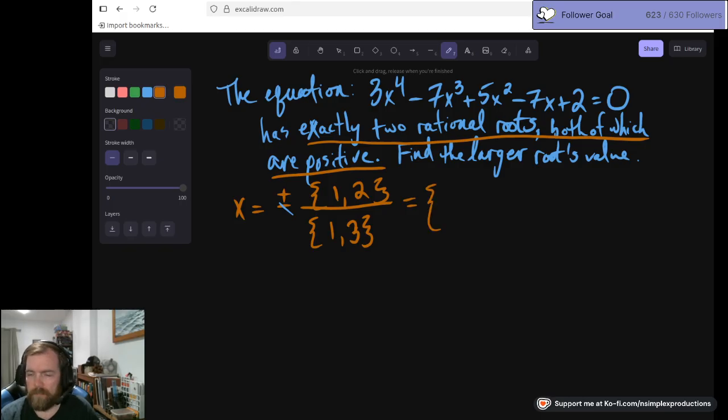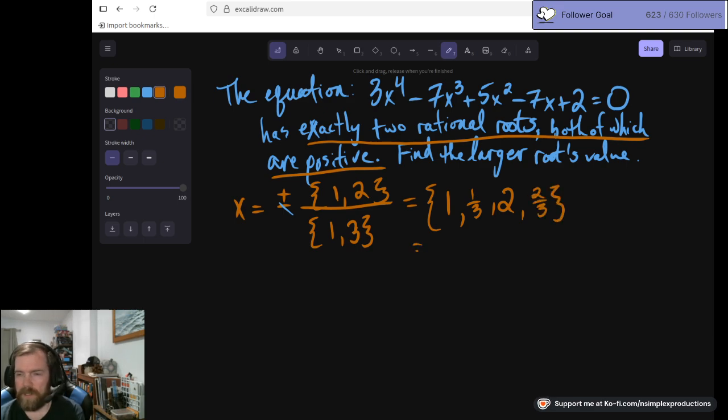Right, so what are the possible zeros that we could get for this? All right, this is going to make a Punnett square essentially. We could choose 1 over 1, which is 1. We could choose 1 over 3, which is a third. We could choose 2 over 1, which is 2, or 2 over 3, which is 2/3.